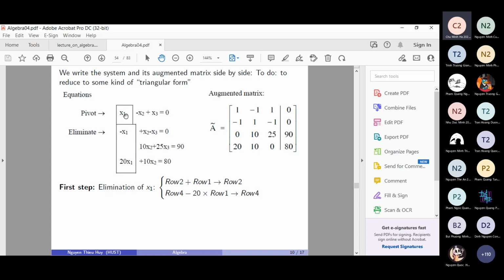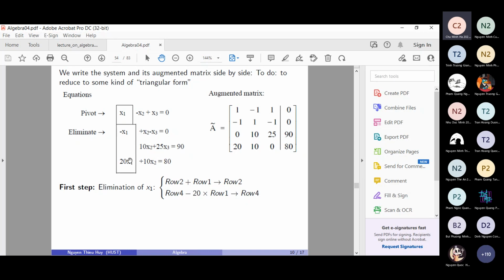So we just add the second equation to the first equation. Correspondingly, we add the second row of this matrix to the first row. So immediately you obtain 0 here. This means we eliminate the coefficient, and correspondingly you eliminate minus x1 here.